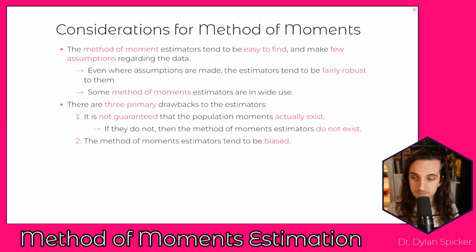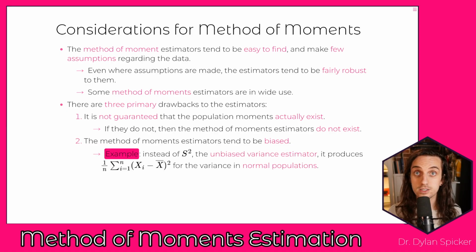Now, the other thing to note is that the method of moments estimators tend to be biased, right? And so if you calculate a method of moments estimator, there's no guarantee that that's going to be an unbiased estimator. And for instance, we saw in the case of the normal variance, right? The unbiased estimator for the variance is s squared.